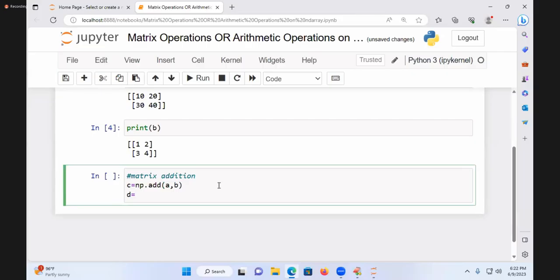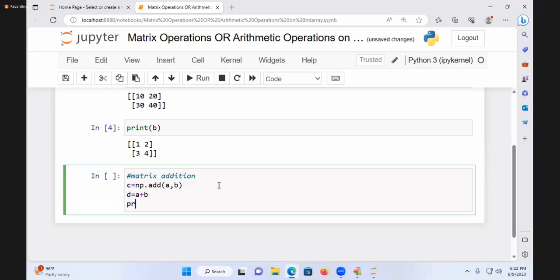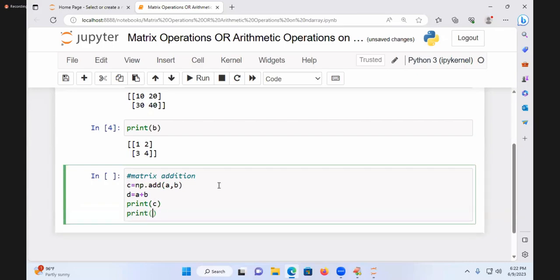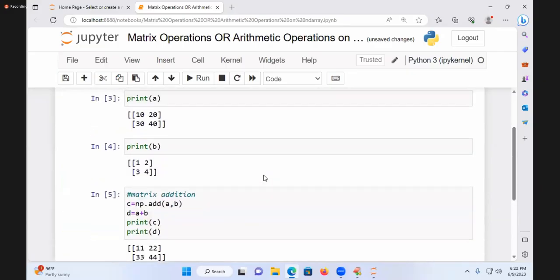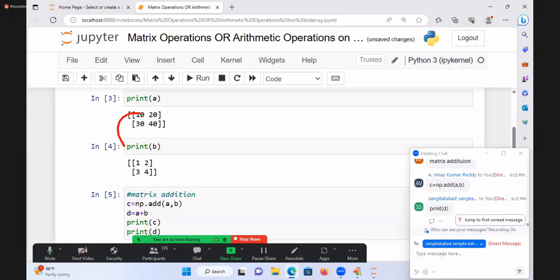D is equal to what? A plus B also I can do. A plus B also you can do. Print of C and print of D. Both of them will give the same answer or not? What is the answer? Addition. You know addition now: 10 plus 1, 20 plus 2, 30 plus 3, 40 plus 4.